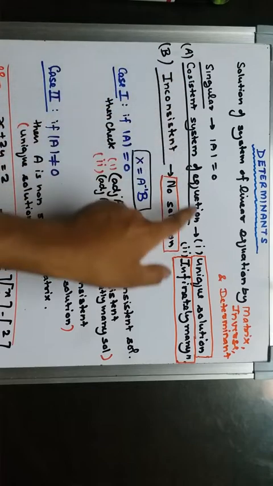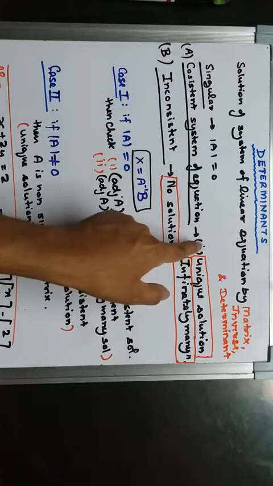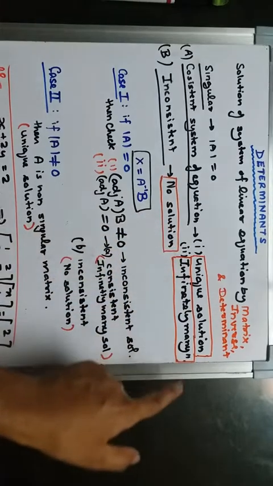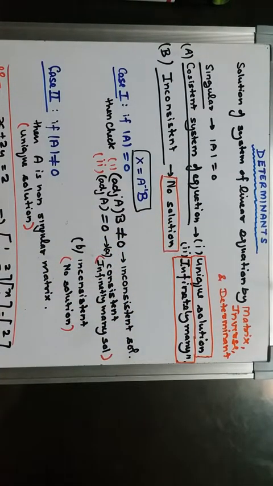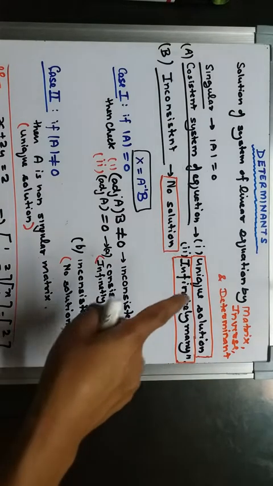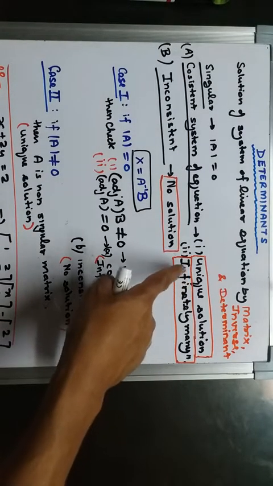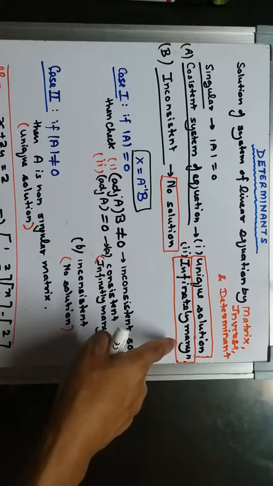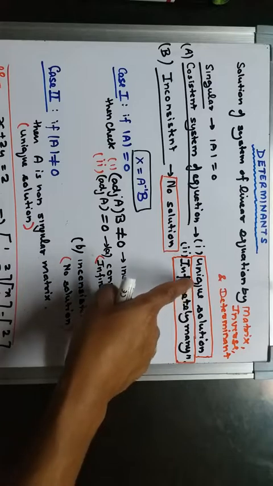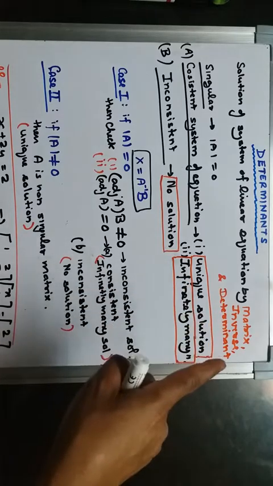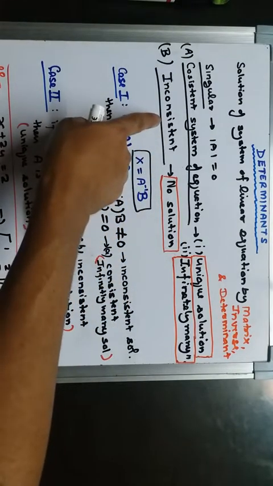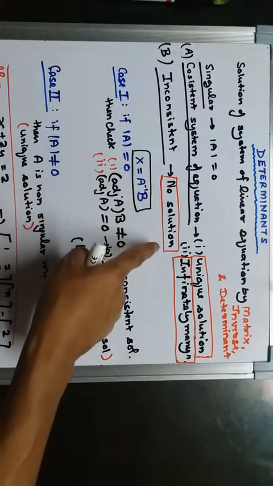If the equations are consistent, there may be two cases: either there is a unique solution, or there are infinitely many solutions. That means there may be many solutions of x, y, z, or only one value of x, one of y, and one of z. And if the equations are inconsistent, there will be no solution.